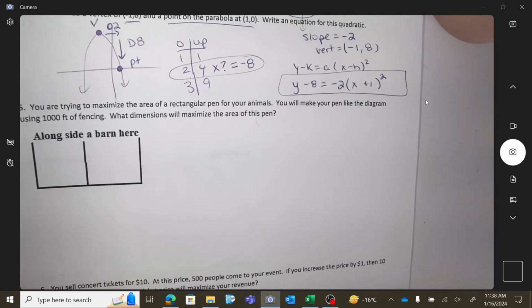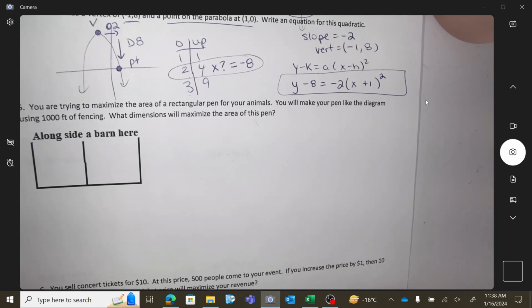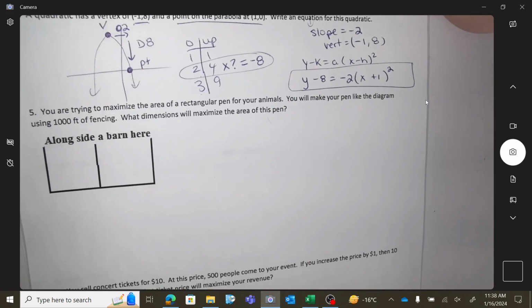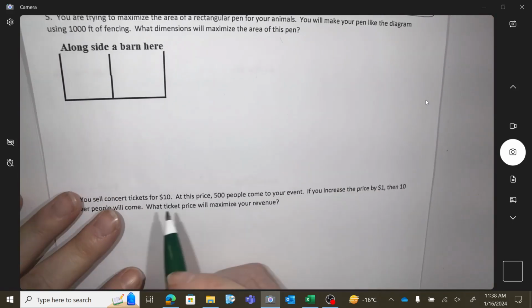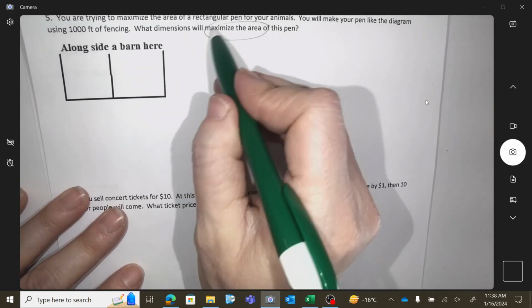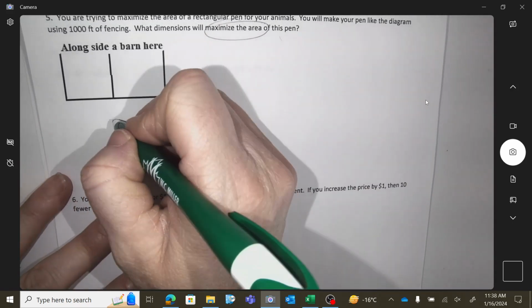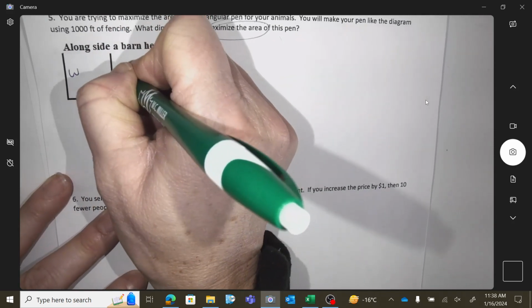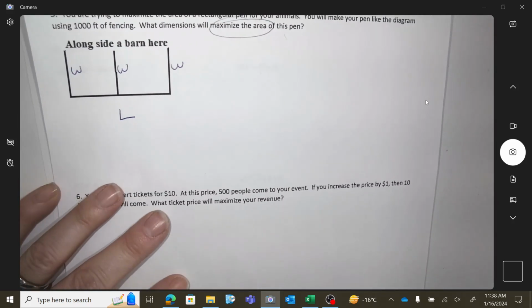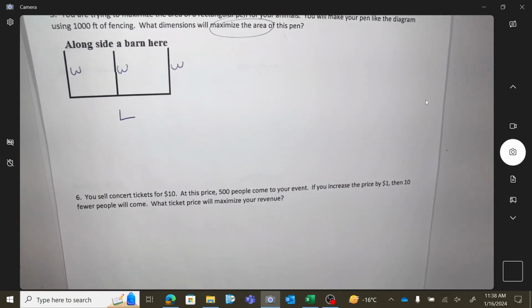Okay, word problems. There's for sure a quadratic word problem or 2 on your exam. A lot on quadratics. So you're going to build this pen and you're trying to maximize the area. So I have a few of the widths and 1 length on my rectangular pen.